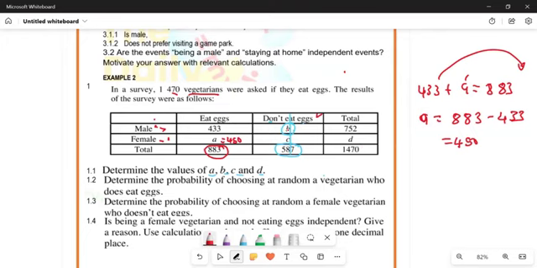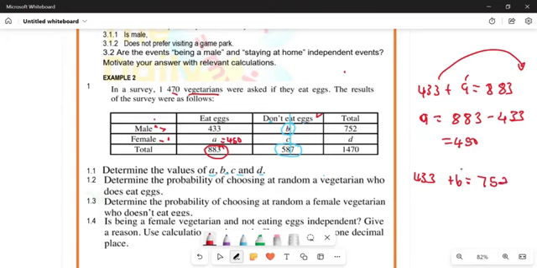We can also get B. How to get B? If we move across, we are going to get the total number of males. The number of males is divided into 433, those who eat eggs, and those who don't eat eggs, plus P is going to give us 752.